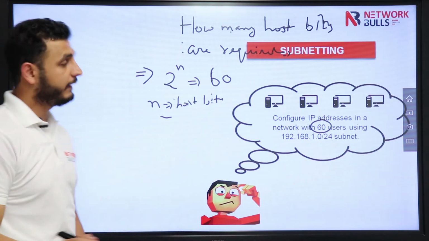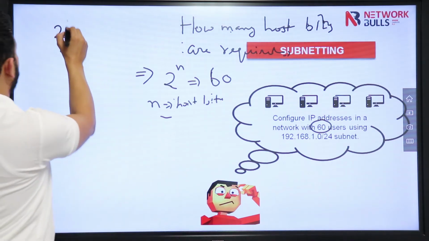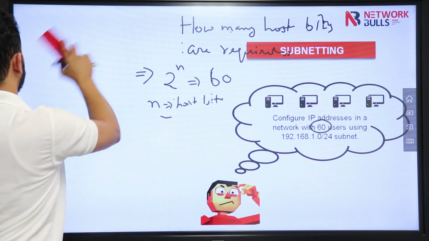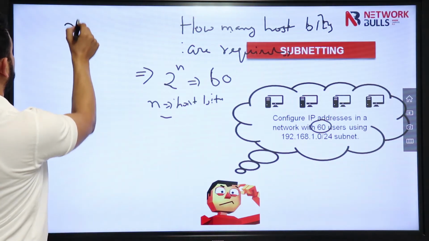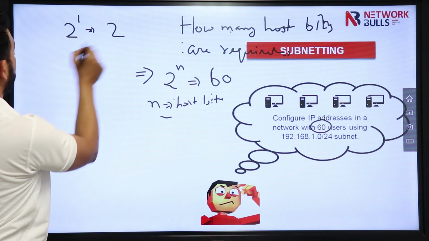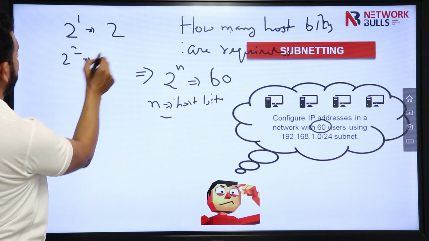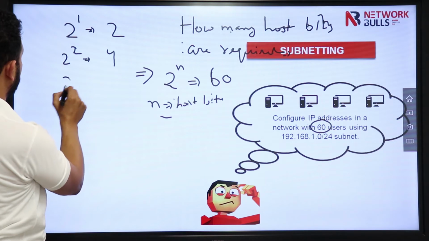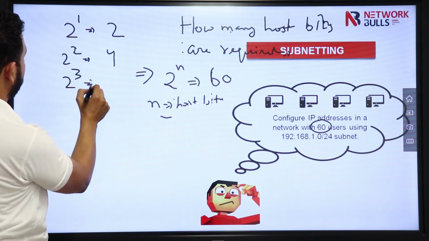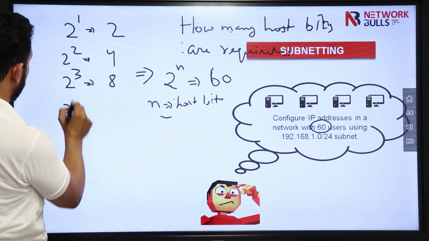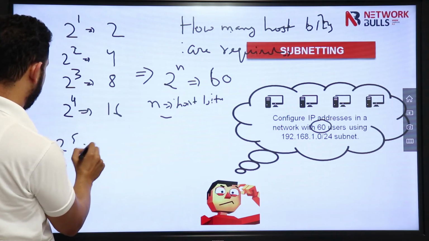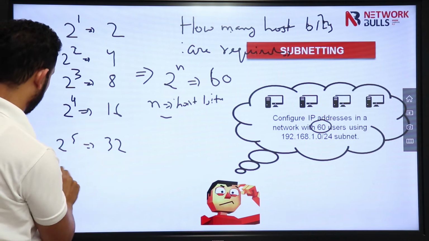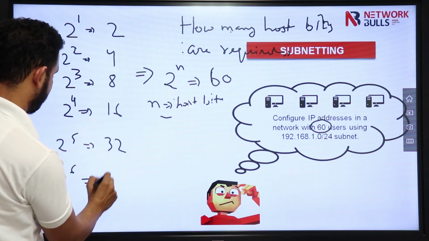So, if I calculate 2 to the power 1, 2. 2 to the power 2 is 4. 2 to the power 3 is 8. 2 to the power 4 is 16. 2 to the power 5, 32. 2 to the power 6, 64.